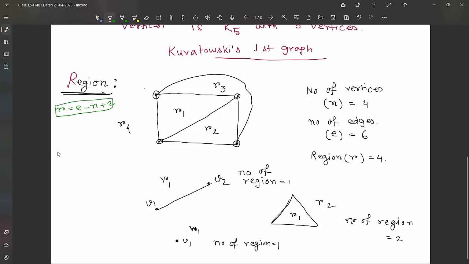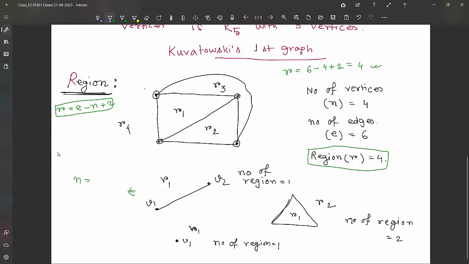Now tell me, here the number of vertices is 4, the number of edges is 6 and the number of regions is 4. Now we check that by using this formula. So R is equal to e, which is 6, minus n, which is 4, plus 2. Now you can see this is 4. Okay. Now comes to this. So here how many vertices are there?